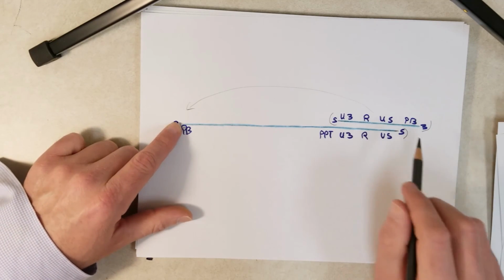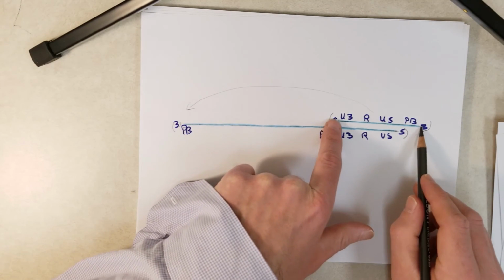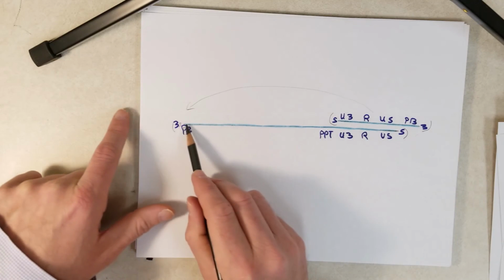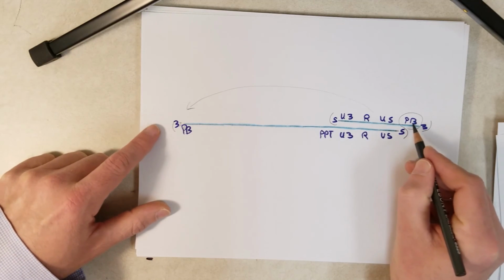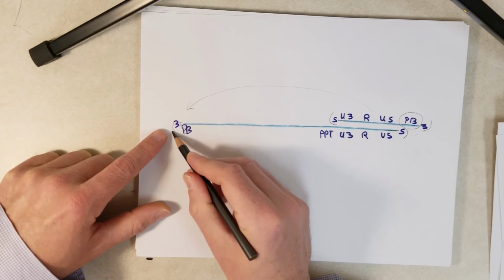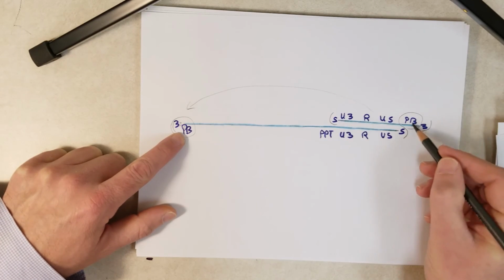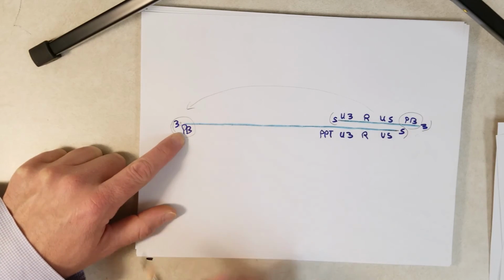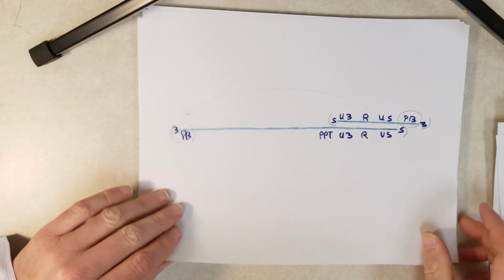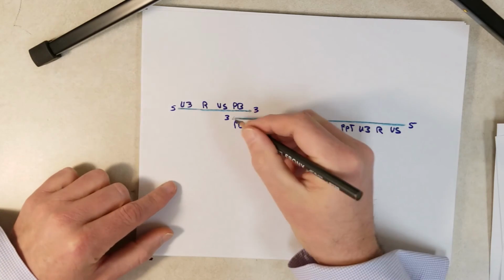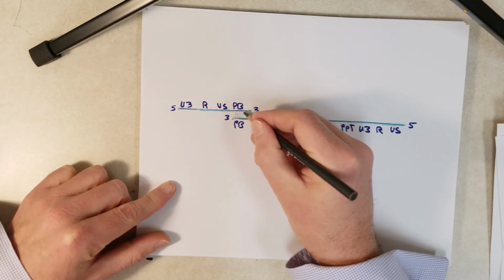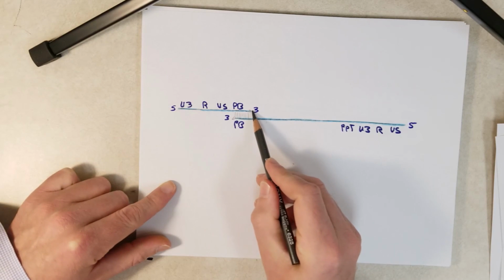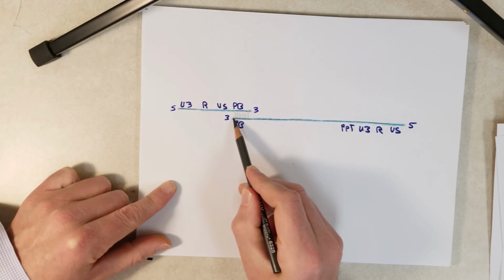What I want you to see is that I'm just going to shift this piece right here all the way down to here. So this PB right here, which is complementary to this PB right here, so these are annealed. Okay, and I have these annealed. And now you can see we have a 3' end right here and a 3' end right here.